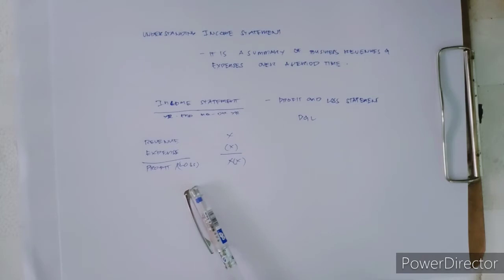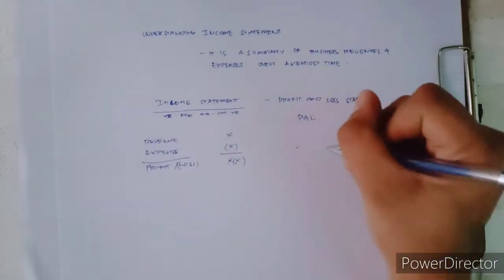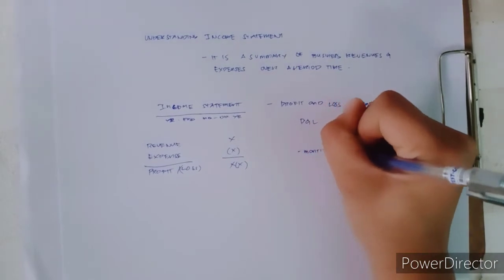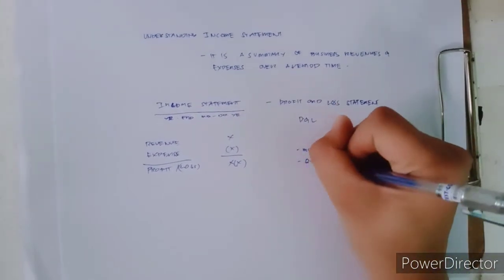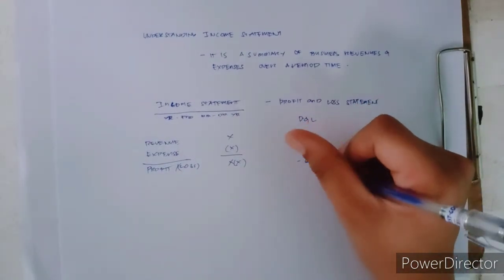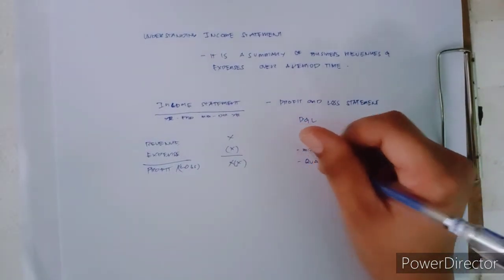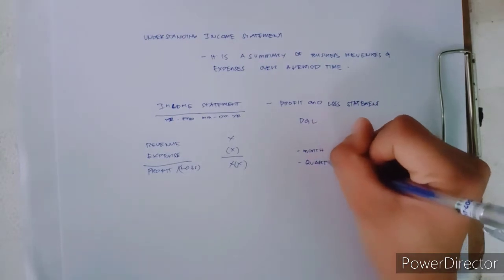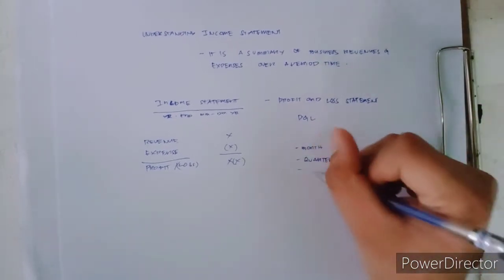The income statement always covers a period of time, which could be anything that we want it to be. But typically, we run it for a month, quarterly, or annually.